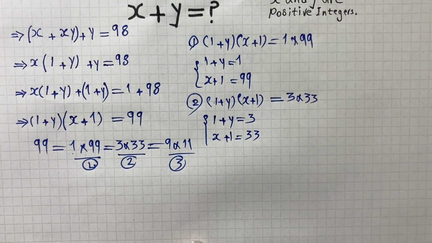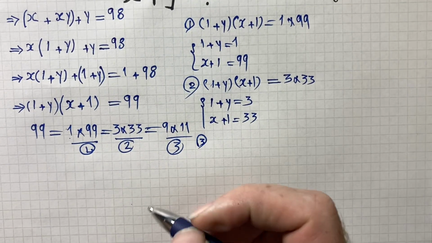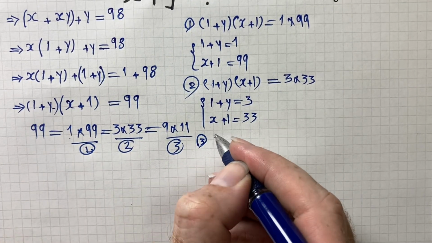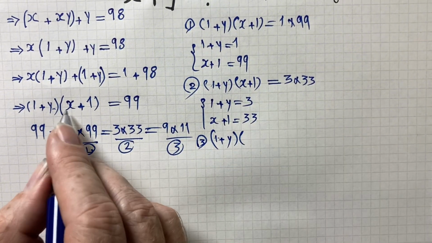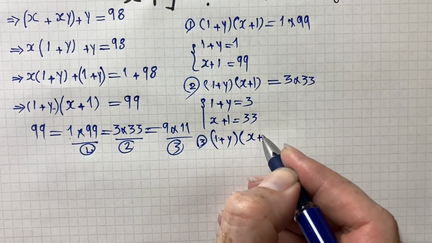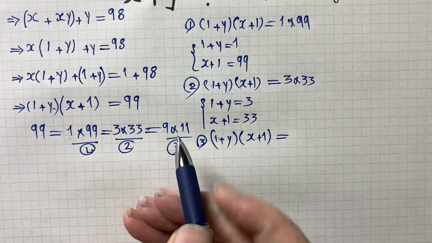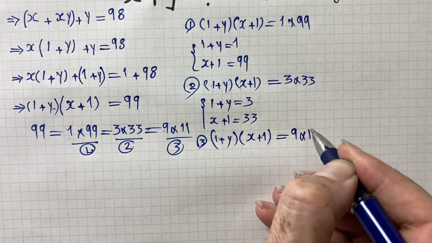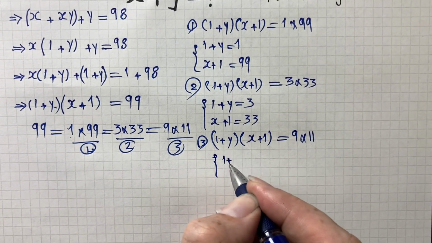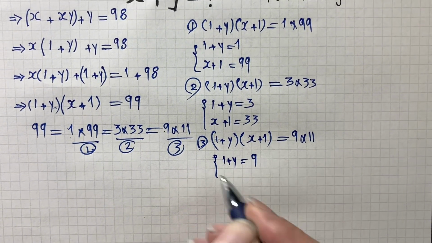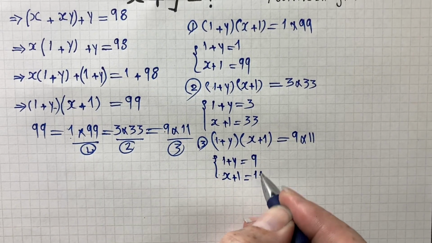And finally, the last case: 1 plus y times x plus 1 equals 99, or 9 times 11. So we can get the result: 1 plus y is 9. Also, x plus 1 equals 11.